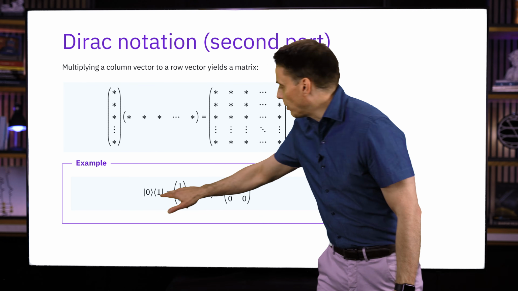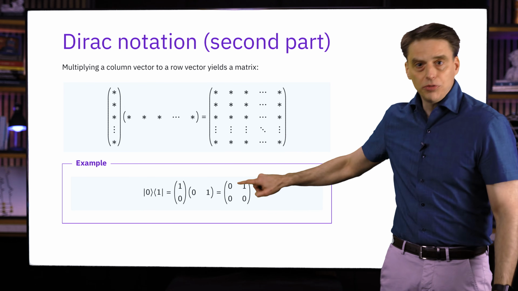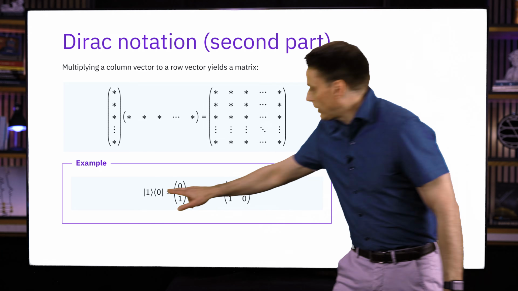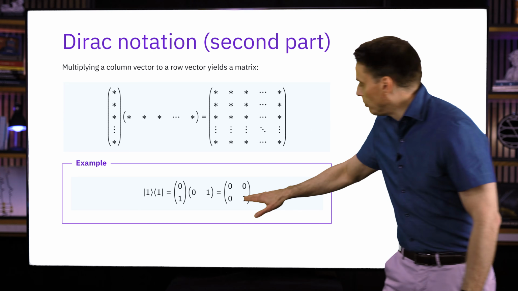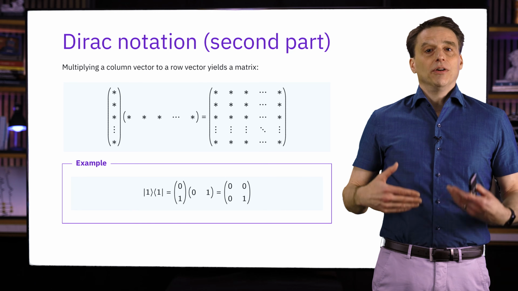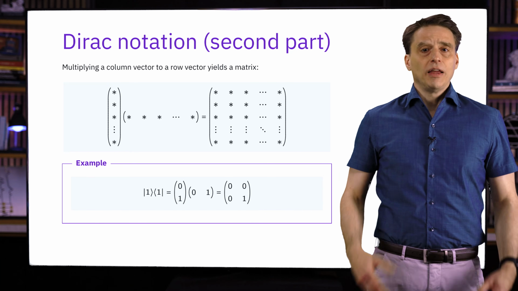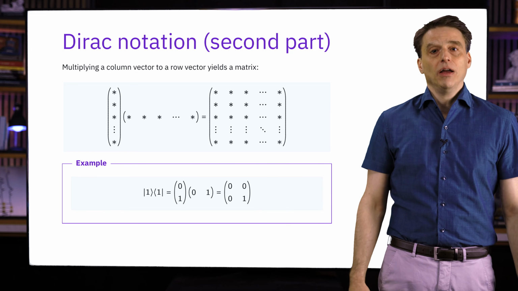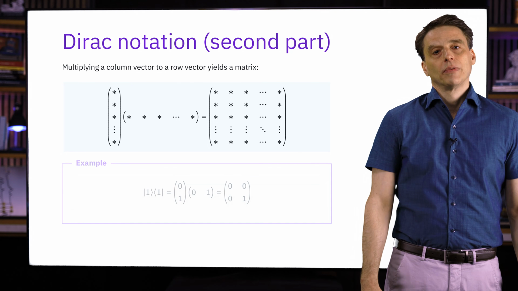Ket 0 times bra 1 gives us this matrix right here, where the 1 has now moved over to this position. Ket 1 bra 0 looks like this, and here's ket 1 bra 1. What we see happening is that there's just a single 1 in a matrix that's otherwise all zeros. And the position of that 1 is determined by which classical states we choose in the bra and the ket.